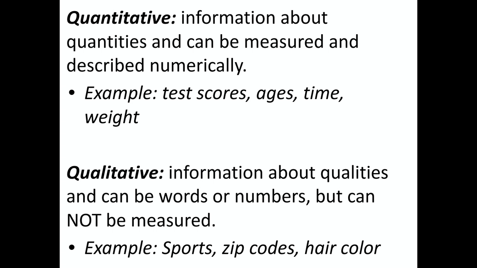You can't count a zip code. Yes, a zip code is numbers, so is a phone number, but you can't measure it. So the sport you play, the zip code you live in, your hair color, characteristics like short, tall. These are ways you would describe a quality of somebody or something, okay?